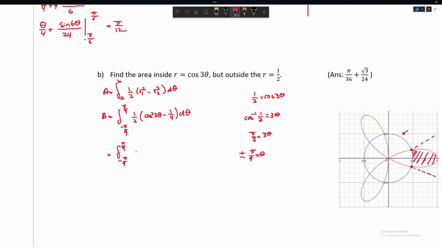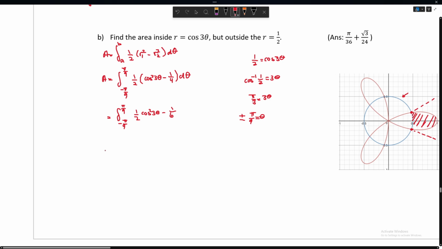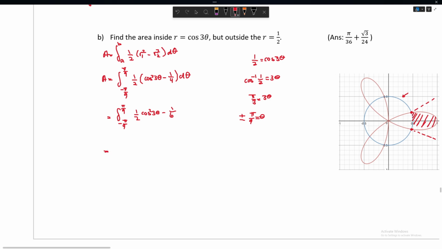And so expanding my half in, I'll get 1 over 2 cos 2 3 theta minus 1 over 8. Integrating this, you can technically take the half out and apply it in, but I'll just keep it.